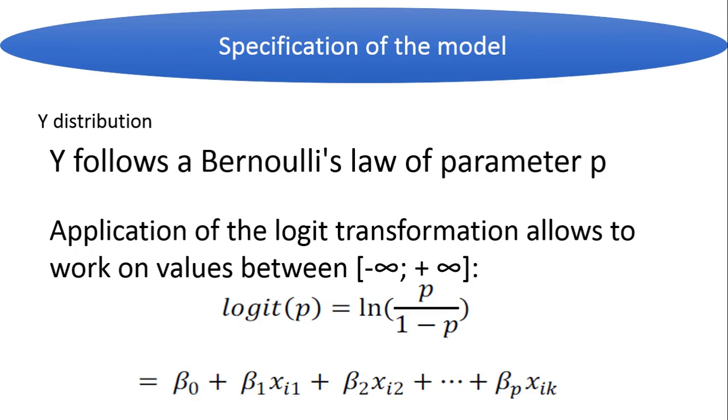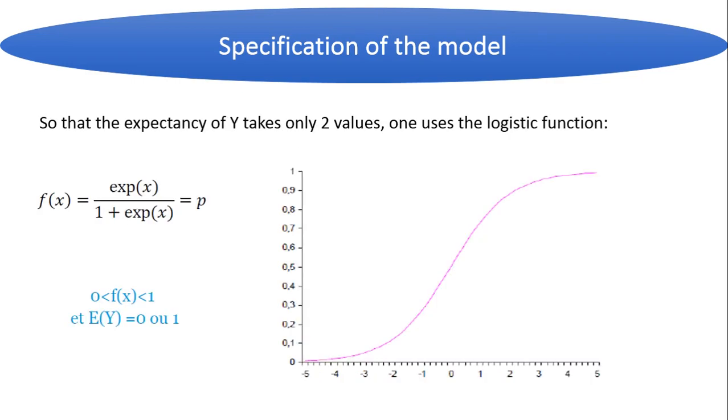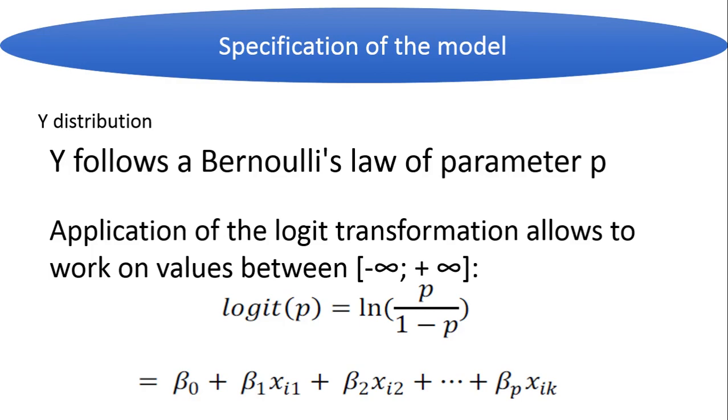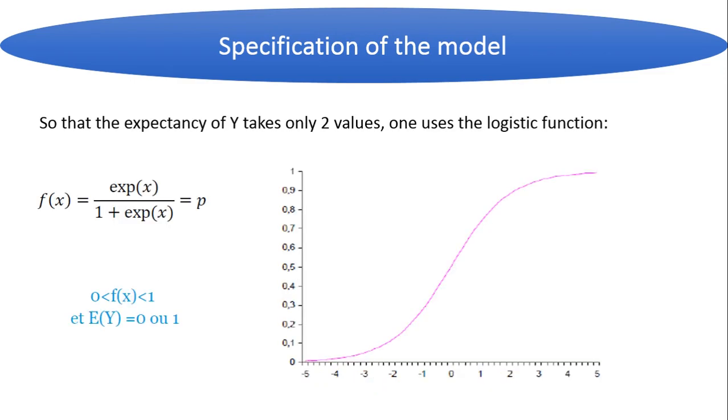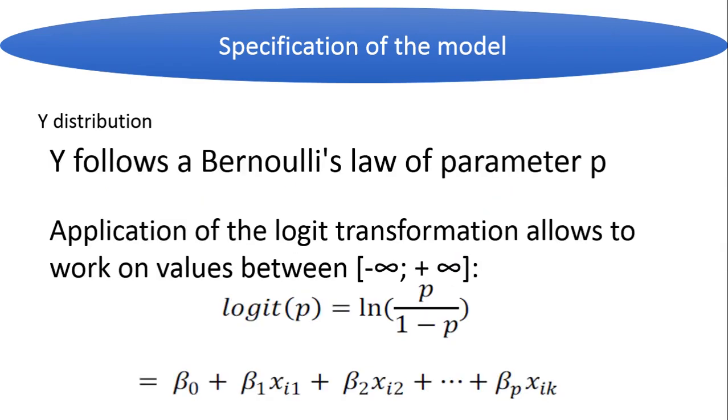And if we apply the logistic transformation to our probability, we can see that the logit can be written as a logarithm of our parameter, a parameter that we previously expressed in terms of the logistic function. We can also find x in this relationship, which gives the logit in function of your parameter.